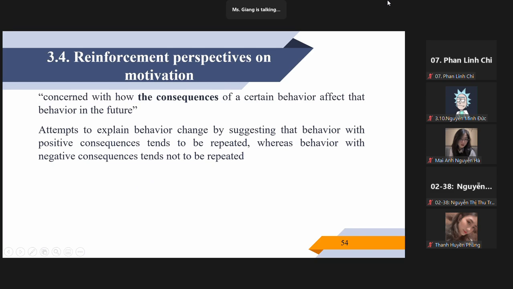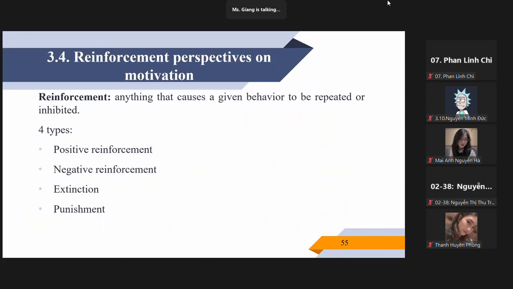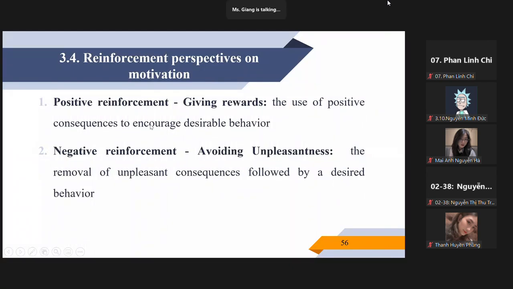So how many types of reinforcement can we give to employees? There are 4 types: positive reinforcement, negative reinforcement, extinction, and punishment. Let's talk about positive reinforcement first. Positive reinforcement is giving rewards. In this case, we use positive consequences to encourage desirable behavior.